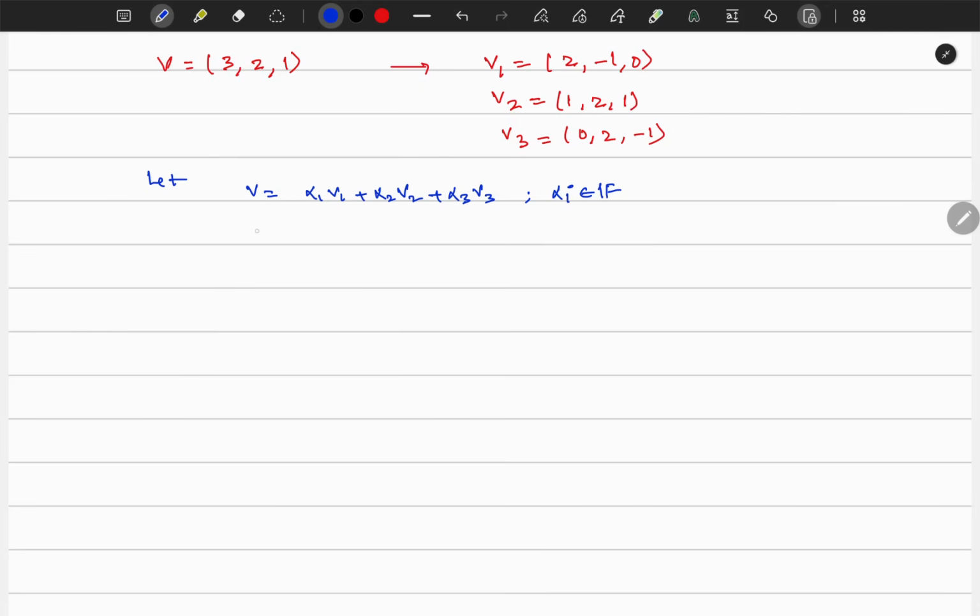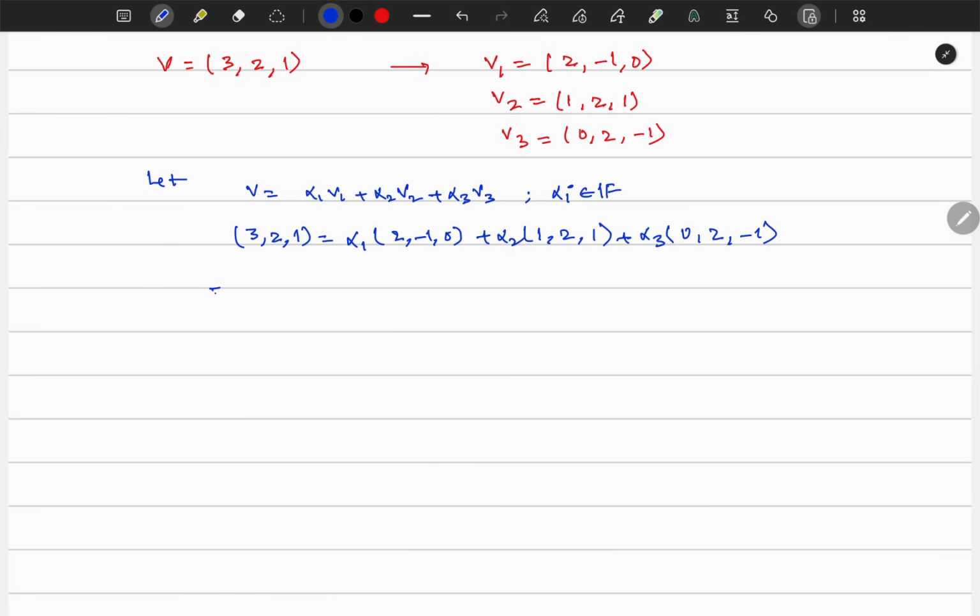So what you actually have is (3, 2, 1) equal to alpha 1 (2, -1, 0) plus alpha 2 (1, 2, 1) plus alpha 3 (0, 2, -1). So it means that you can create a matrix.